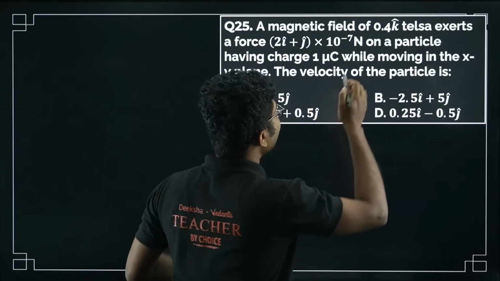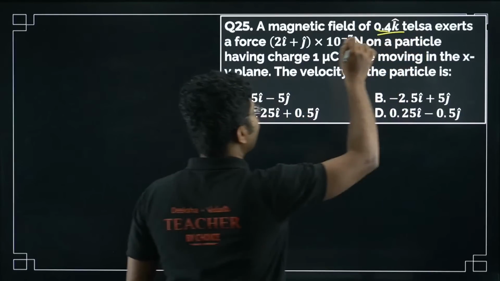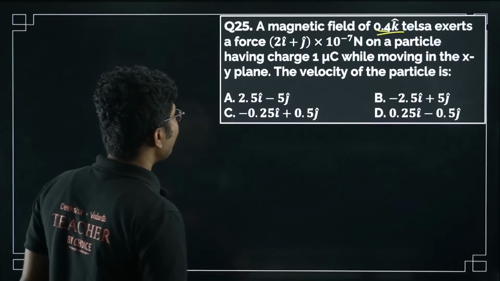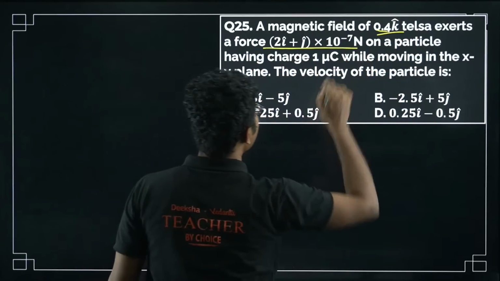So the magnetic field is given by 0.4 k, and the force is given by 2i plus j.